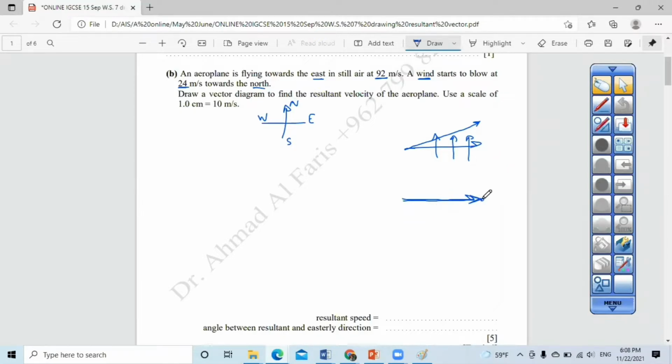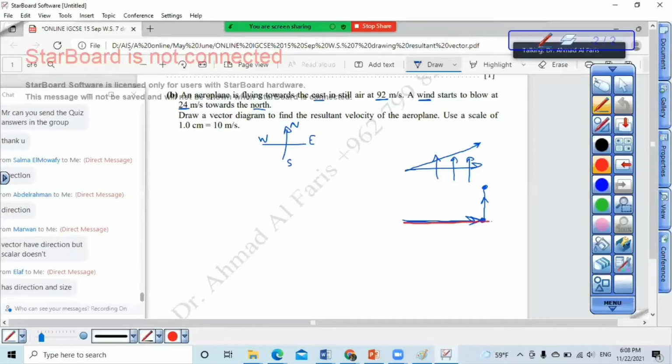So the final position of the airplane will not be here. It will be 24 meters per second in this position. So my answer will not be to the right, and it will not be upwards. It will be from where the airplane started to where it finishes in this position, and I will draw it as a straight line like this.